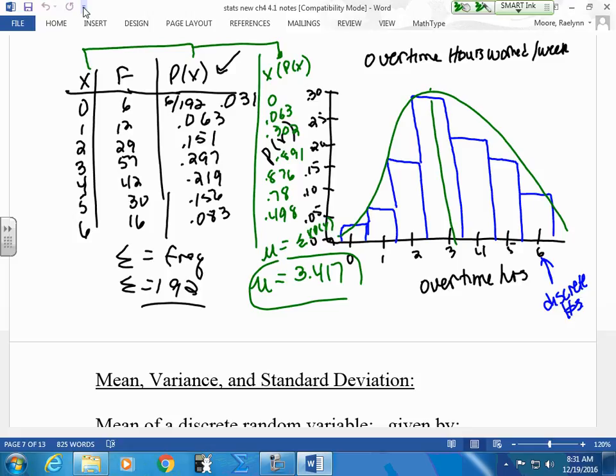Now, we also learned how to do mean in your calculator. How did we take a frequency table and find the mean? Using your calculator, how did we find the mean of a frequency distribution table?